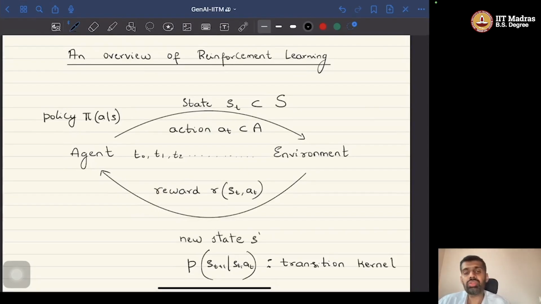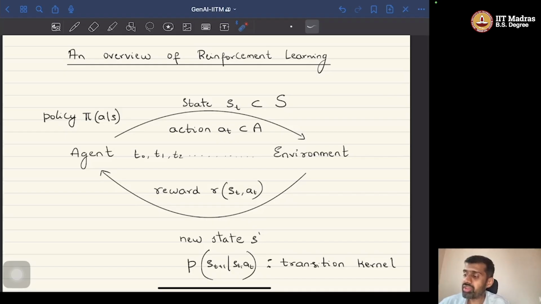Let us now formalize the notion of reinforcement learning. In the paradigm of reinforcement learning, we have what is called an agent and an environment. The agent at every discrete time t stays in a particular state and performs a particular action.